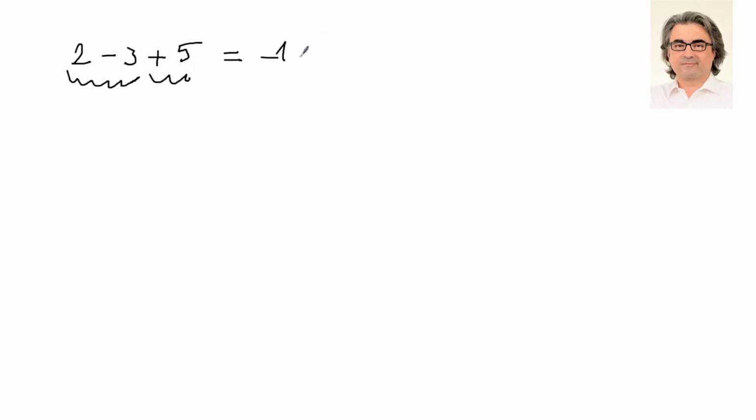And write again plus 5. Minus 1 plus 5. They have opposite signs. The difference between them is 4, and the sign of 4 is the sign of 5. It means plus. The result is plus 4.